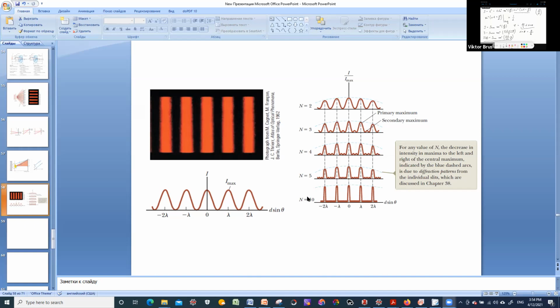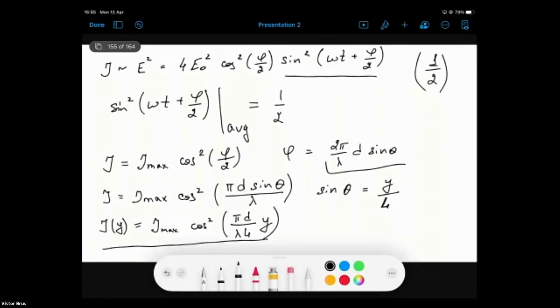So this is pretty much everything I wanted to tell you during this lecture. We introduced Young's two-slit experiment, explained why we get constructive and destructive interference, so why we have periodic bright and dark fringes on the screen, and quantitatively described the condition for the angular and linear position of the centers of dark and bright fringes.